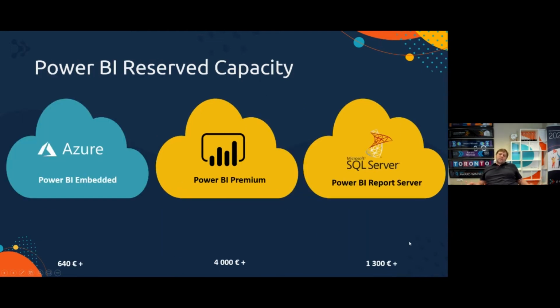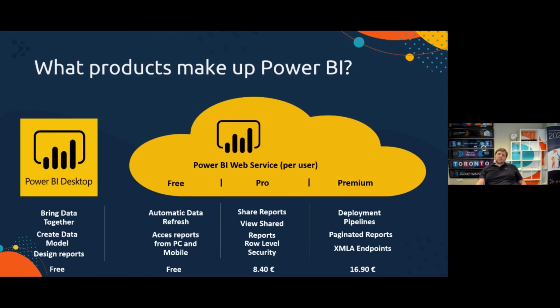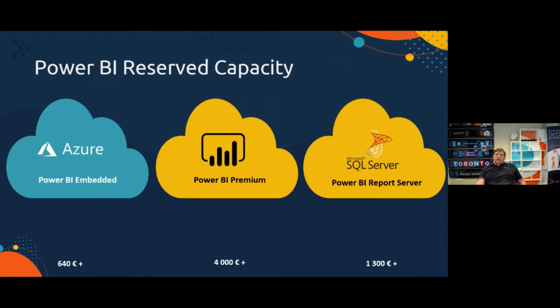And these slides show those options for per user licensing. There are also per capacity licenses. The cheapest one are embedded licenses. That means that you can embed those reports in different applications like SharePoint or your own customer portal.